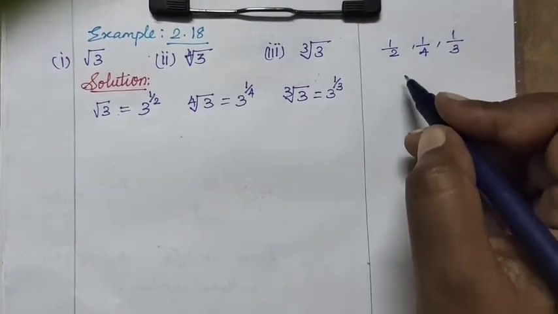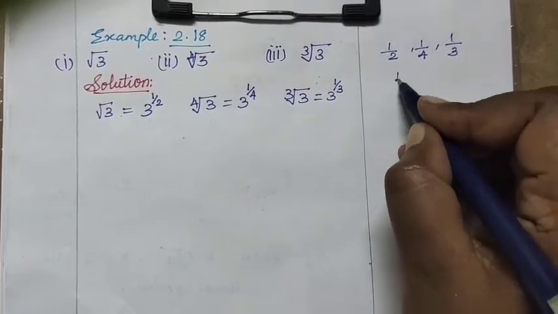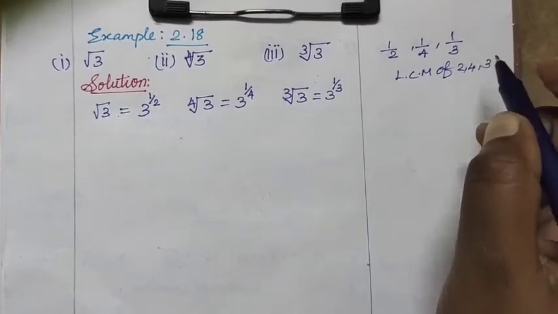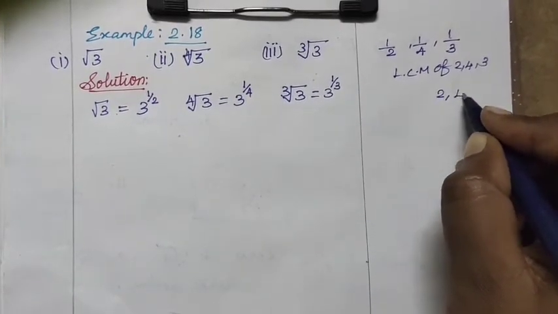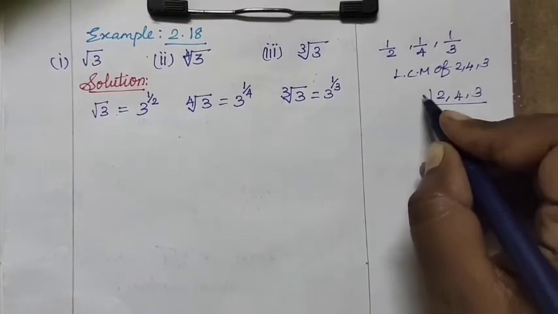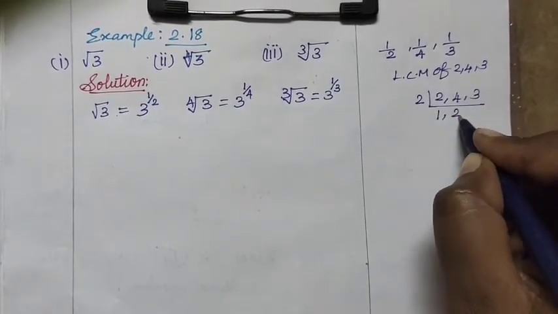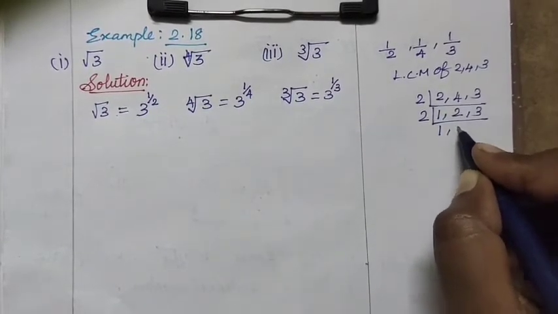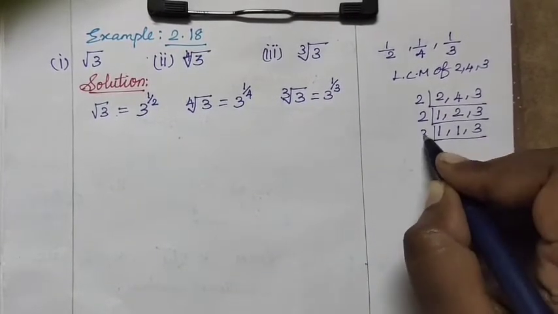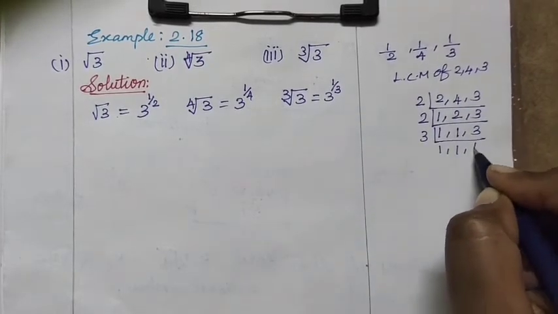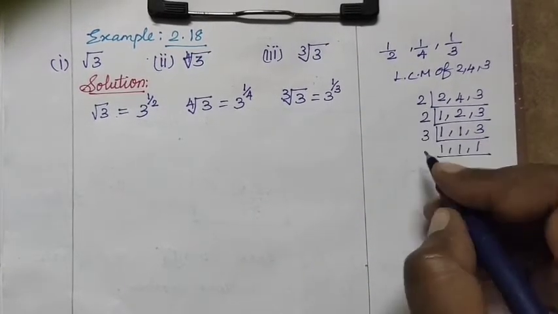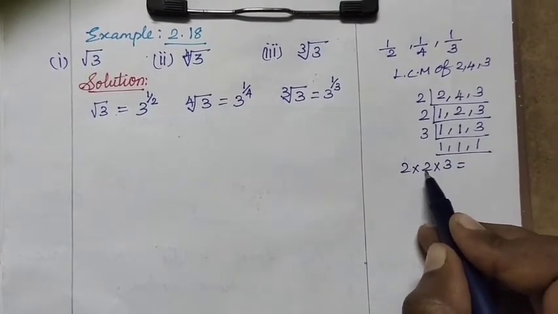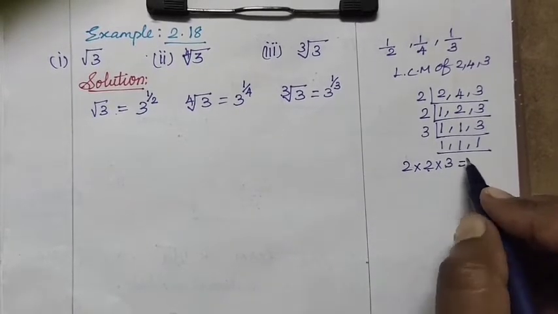So we have to find the LCM of 2, 4 and 3. 2, 4, 3. 1, 2 is 2, 2 2s are 4, 3, again 2, and again 3. So 2 into 2 into 3. What will you get? 2 2s are 4, 4 3s are 12.